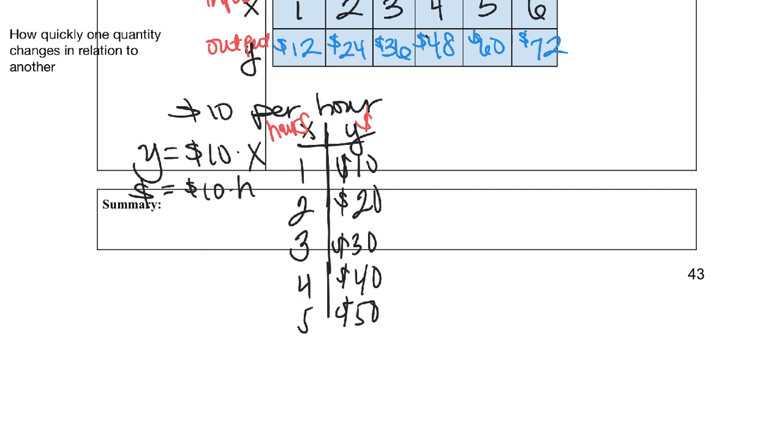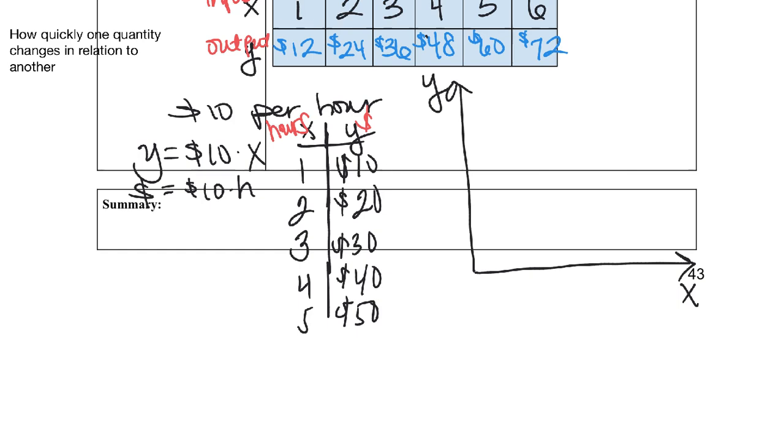So now you should be able to easily turn this information into a graph. So one of my questions I'm going to ask you guys, the video is going to pause here, is what does the X stand for and what does the Y stand for in terms of our input and our output? Like, how would I label my X and how would I label my Y?